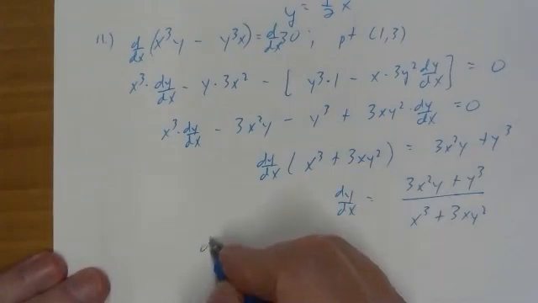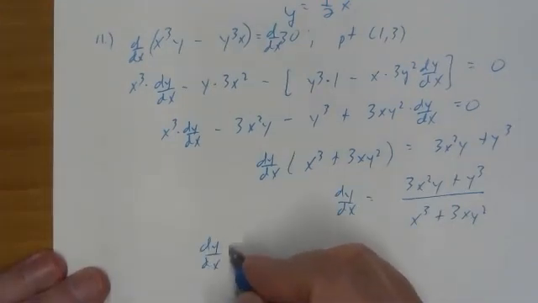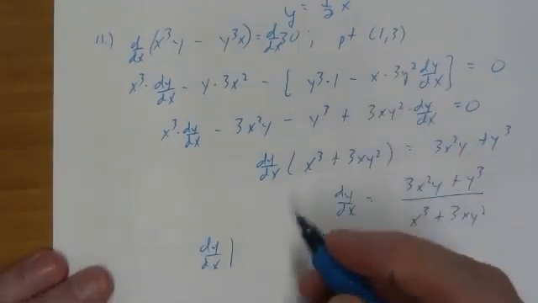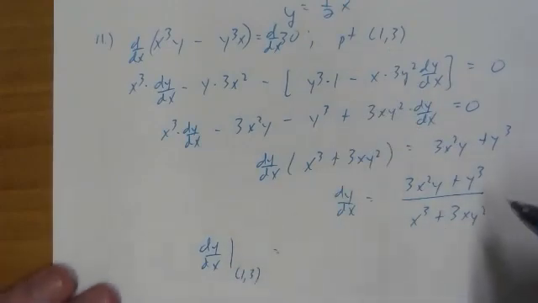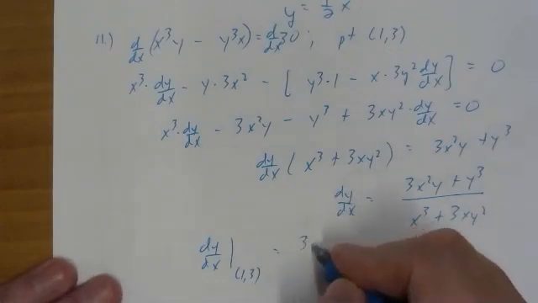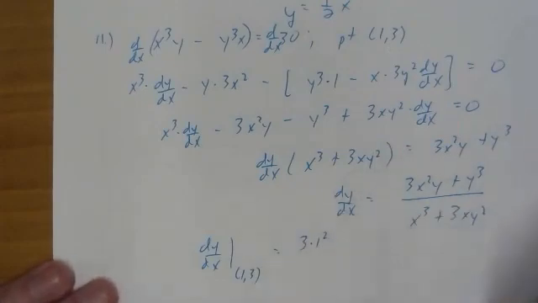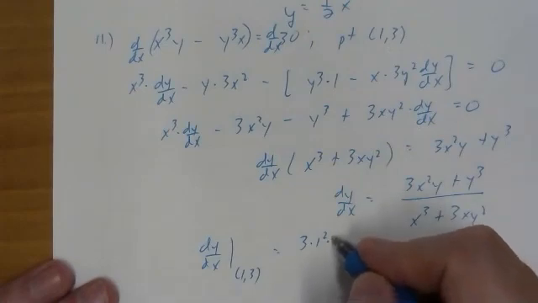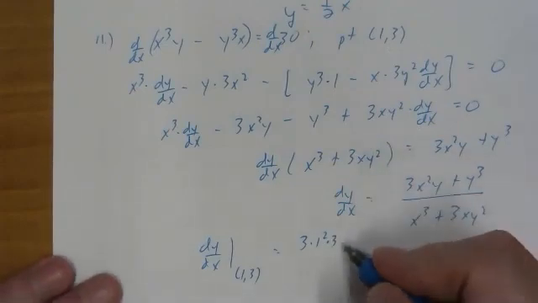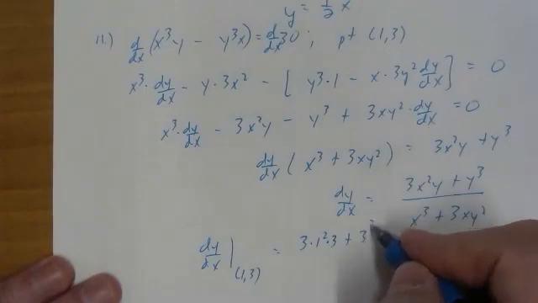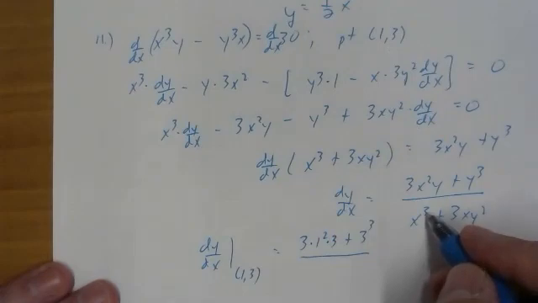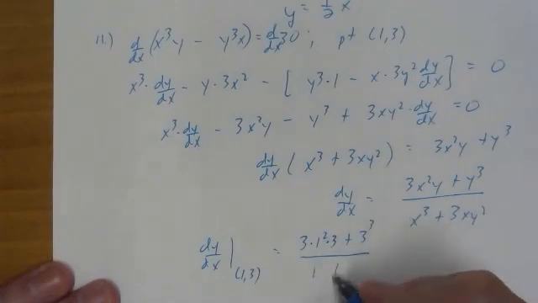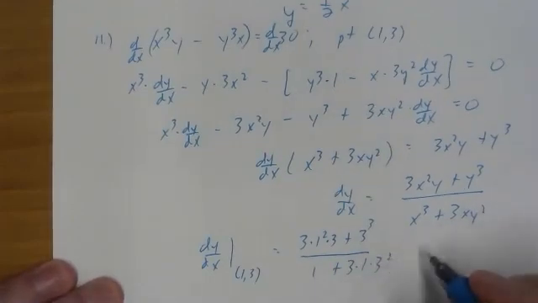So I want to find this at the point (1, 3). Plug in 1 for x, 3 for y. 3 times 1 squared times 3 plus 3 cubed. x cubed is just 1, plus 3 times 1 times 3 squared.